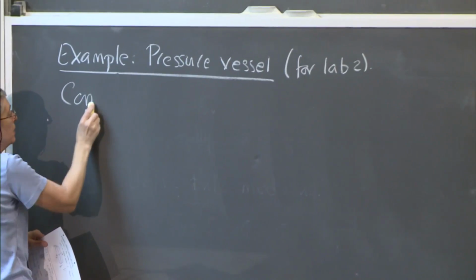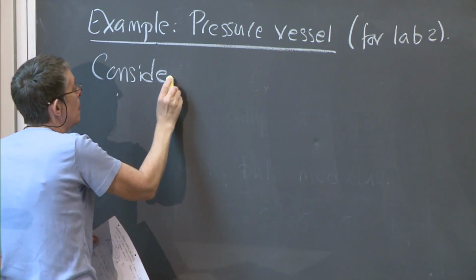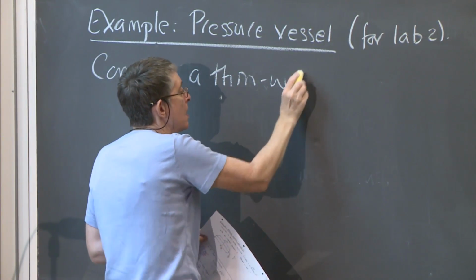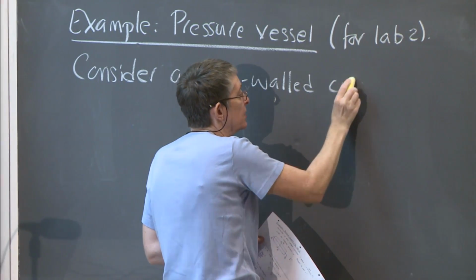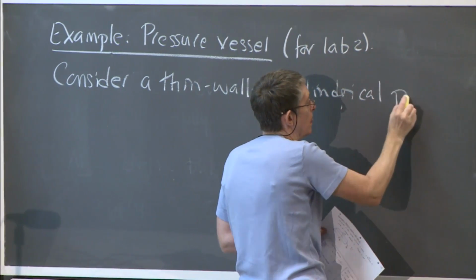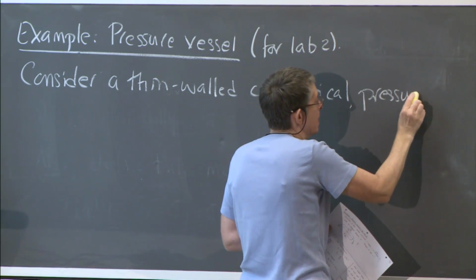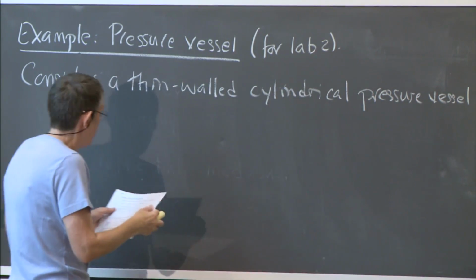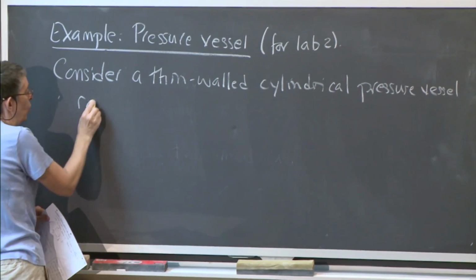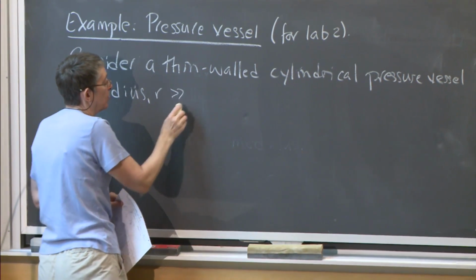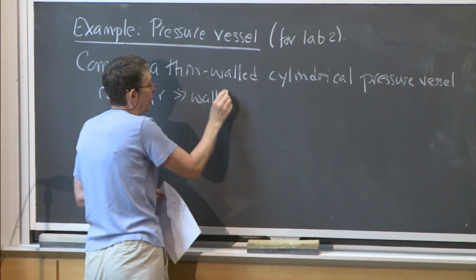Okay, so we're going to consider the thin-walled cylindrical pressure vessel. And when we say thin-walled, what that means is the radius r is going to be a lot thicker than the wall thickness t.